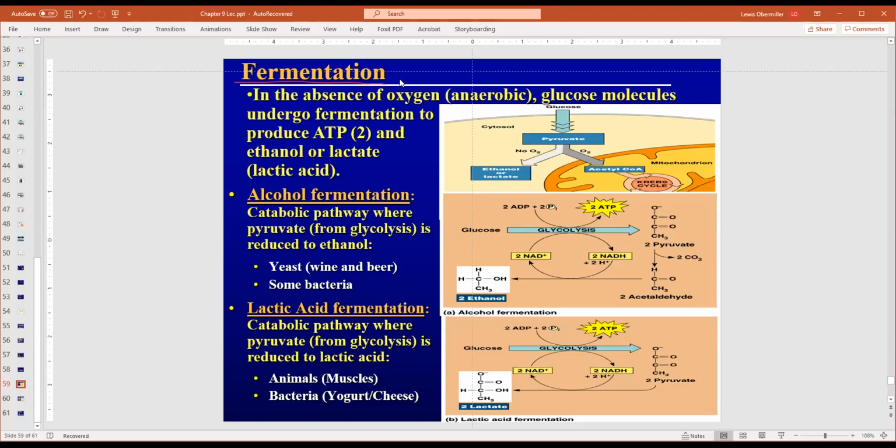And so if we took away all of your electron transport chain, you would only get those 2 ATP made in the Krebs cycle, right? But the Krebs cycle also requires the presence of oxygen to get it to flow.